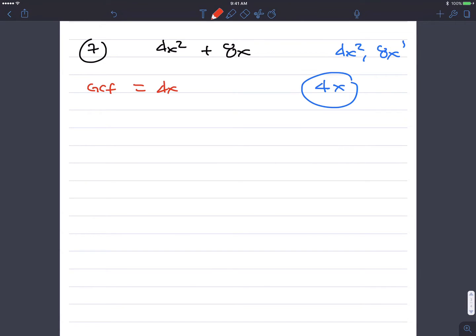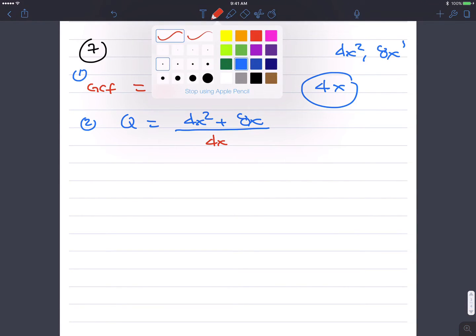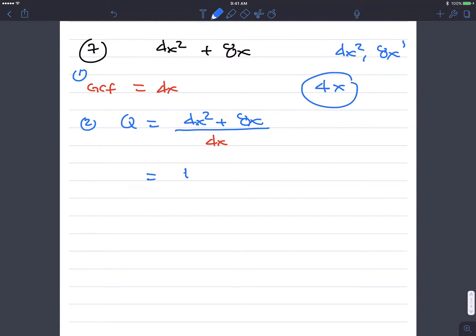That's my first step. I now need a quotient. So I have 4x squared plus 8x divided by the GCF to get the quotient. 4x squared divided by 4x, 8x divided by 4x, right?